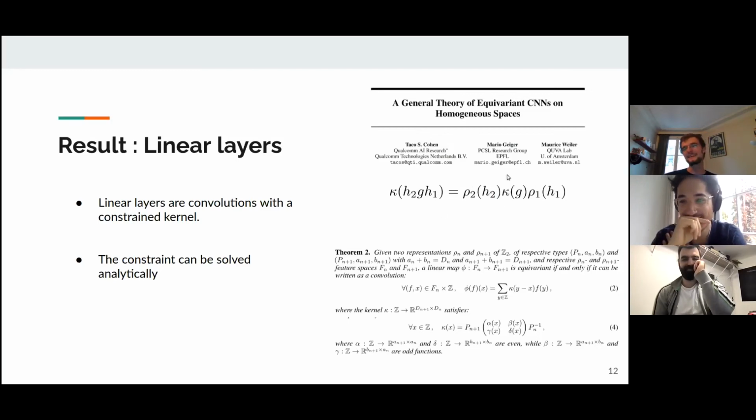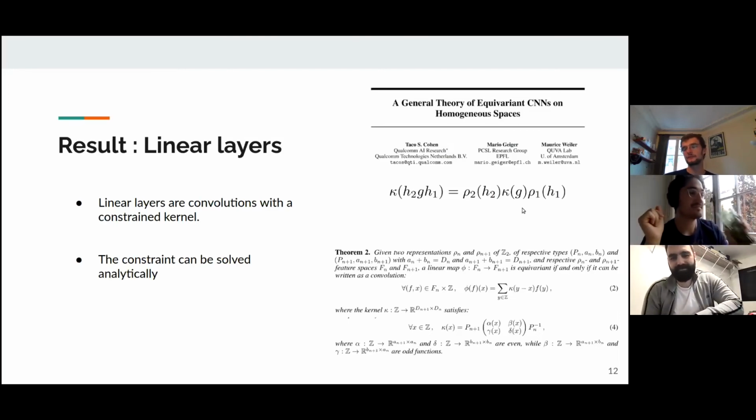I really have to get back to group theory. And basically, we re-derived this constraint in this specific example in the paper, but by setting a few things and framing it properly, you can almost directly leverage this result that your function can be written as a convolution with a kernel that satisfies this equation. And this equation can also be analytically solved for the group that we have at hand, because it's a small group.